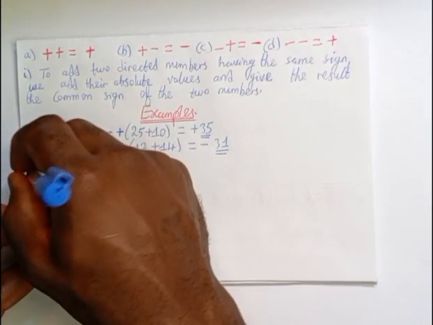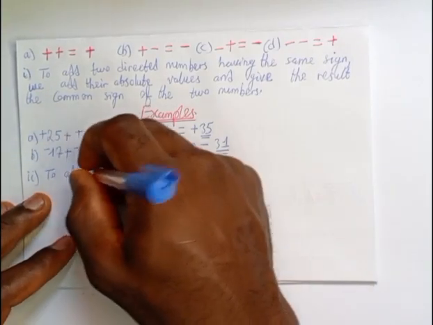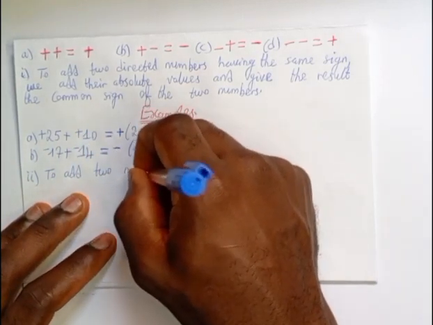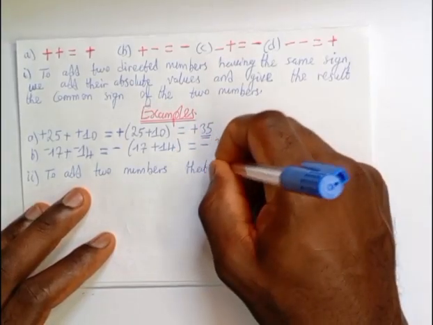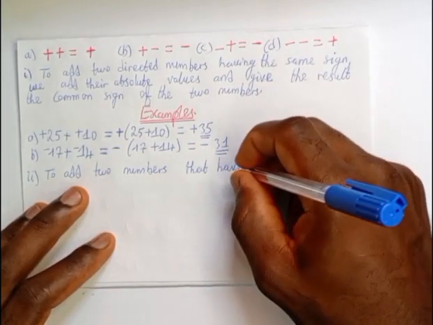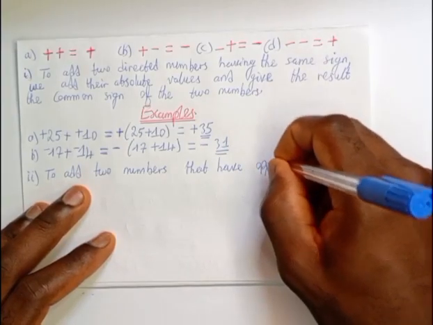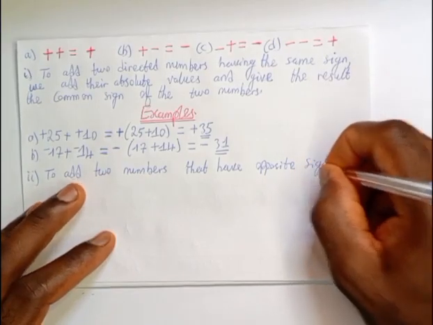We go now to 2i, to add two numbers that have opposite signs. That means one is positive and the other is negative.